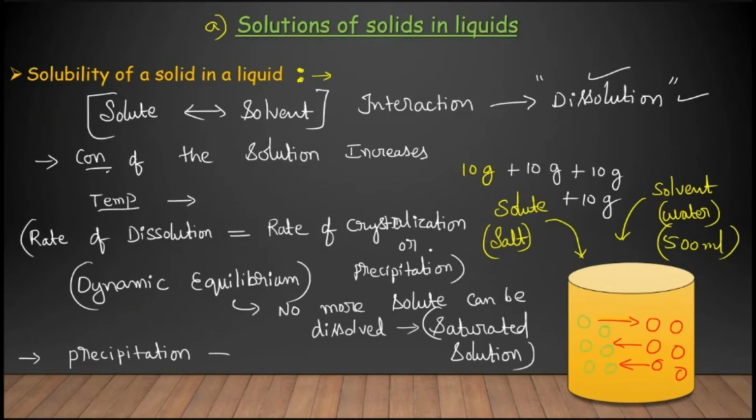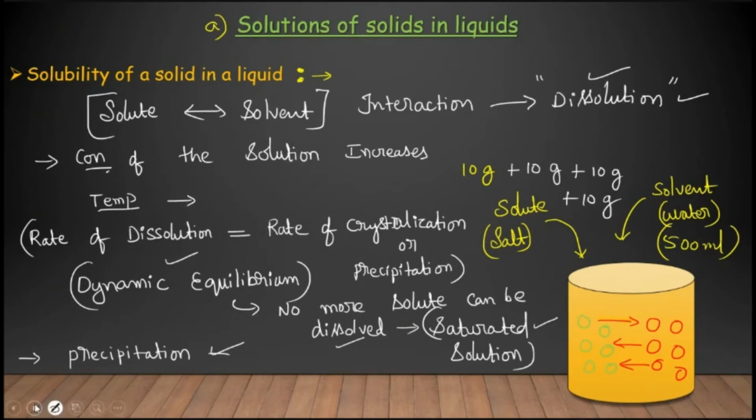At this point, the solution has attained dynamic equilibrium, where the maximum amount of solute has been dissolved in a particular solvent. This is called a saturated solution. To a saturated solution, if you further add extra solute, precipitation will happen, that is, separation of the solute particles from the solution. This is temperature dependent. So this is the basic thing about the solubility of a solid in a liquid.